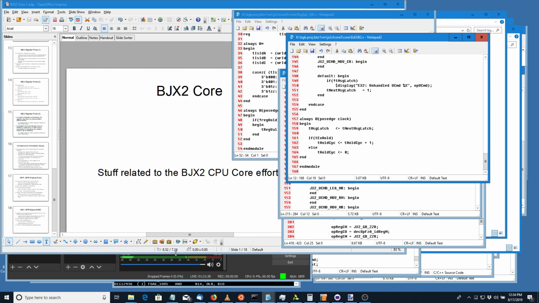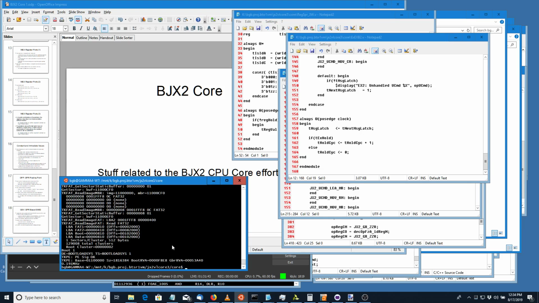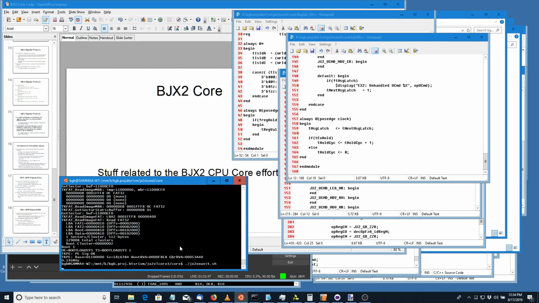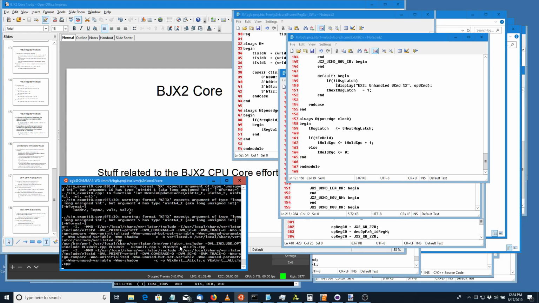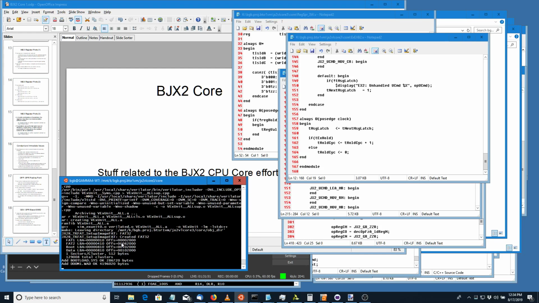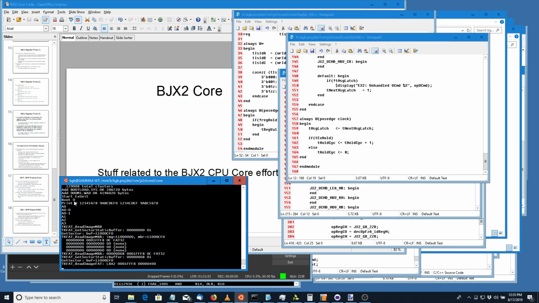But in terms of what it can do, we'll see if it's still in a working state. Oh yeah.